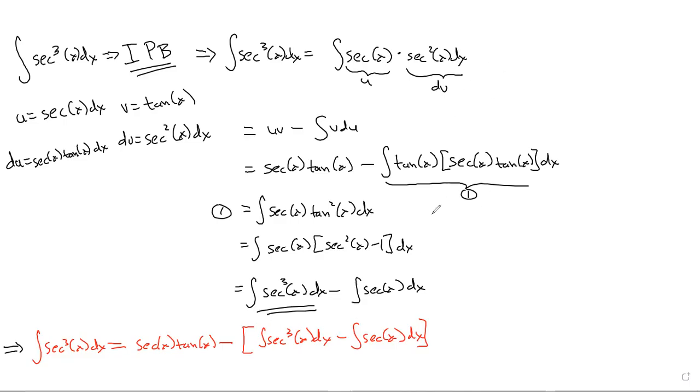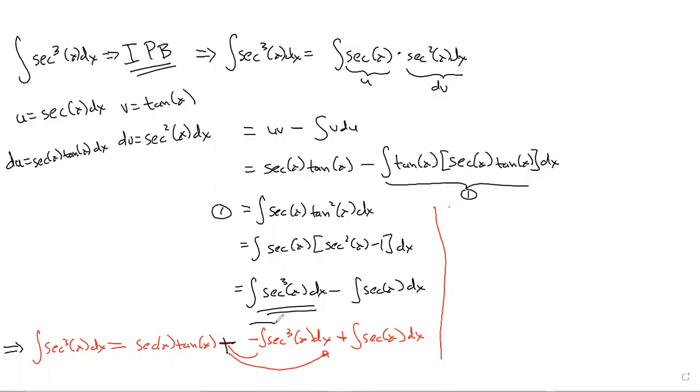So what we're going to do is distribute this negative. That's going to change the signs on both of these, and that way we can get rid of these brackets. This is now going to be a plus.